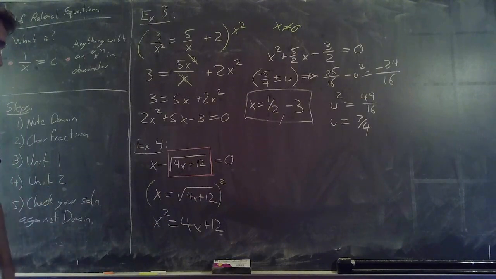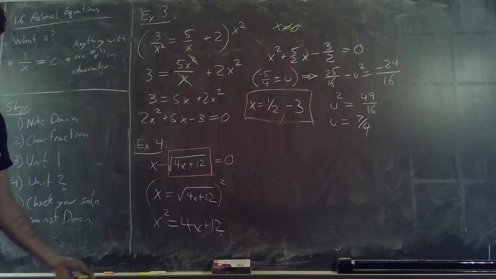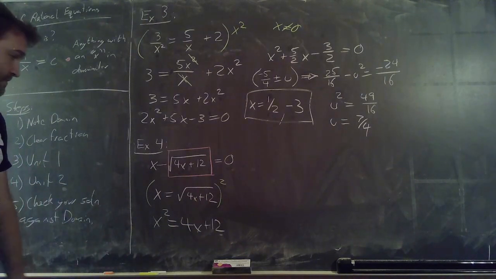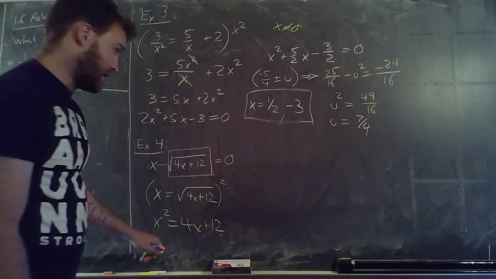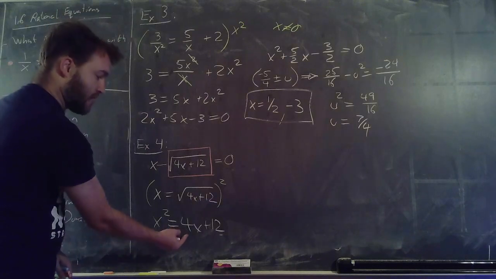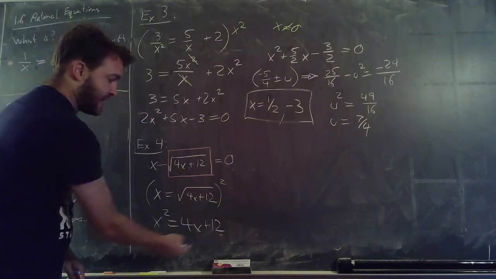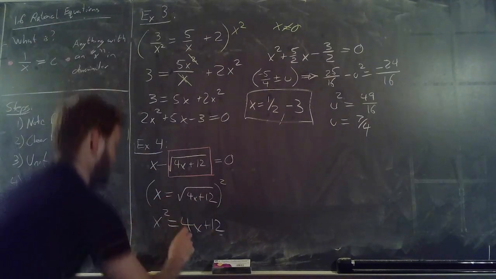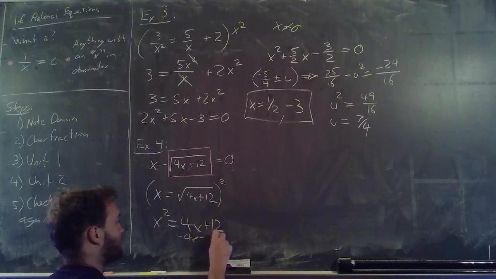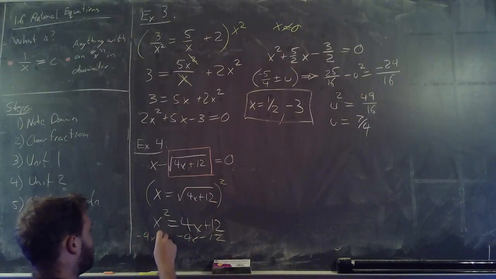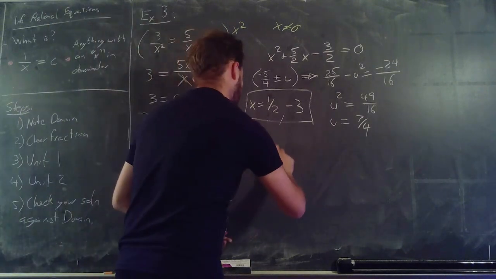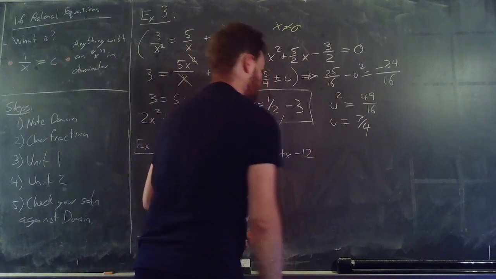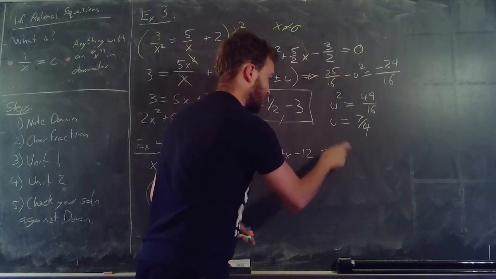I'm going to attempt to solve this one by factoring, because this one's nice and easy to do by factoring. So I'm first going to try to write this as a standard form quadratic equation. I need to subtract 4x over to the left-hand side and subtract 12 over. So I'll write that in: minus 4x minus 12 to both sides will give me x squared minus 4x minus 12 equals 0.